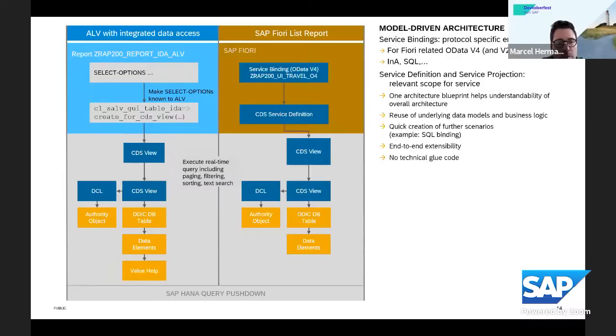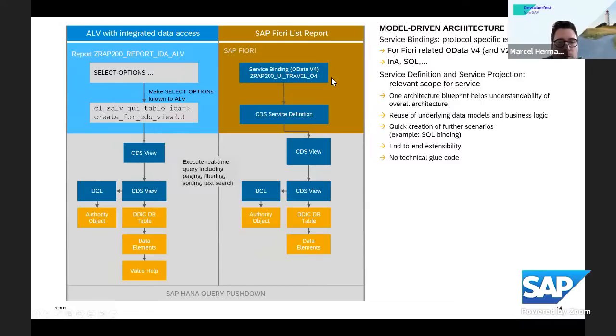But what changes is that on top, we come up with some model-driven architecture even further. So we know in DDIC, we are already doing some kind of modeling. Now with CDS, we have a very powerful view building mechanism with DCL, associations, and then also annotations. But now how to expose such a CDS view in a new world to the user interface? We do that via the so-called service binding, because we want to ensure that all your investments are safe for the future.